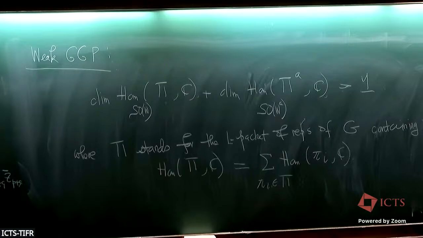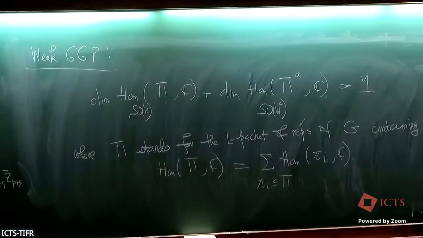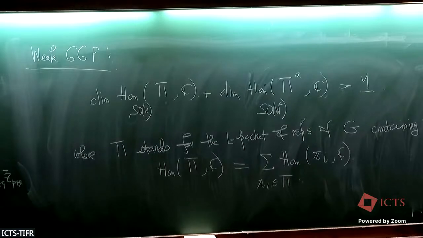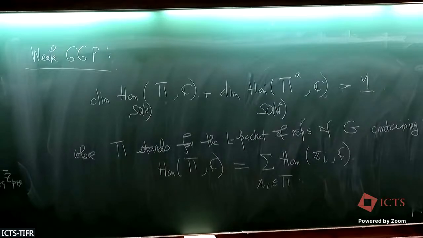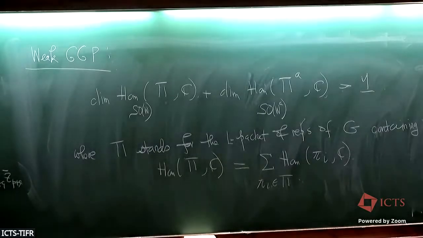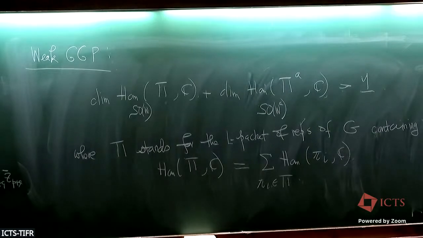One is saying that not only individual branching is unique, but somehow among all 2^n representations on the bigger group and 2^(n-1) representations on the smaller group, there is only one branching. Everything else is 0. So this is a very strong form of multiplicity 1 theorem.